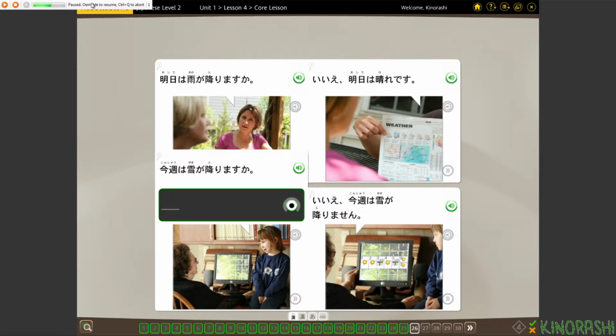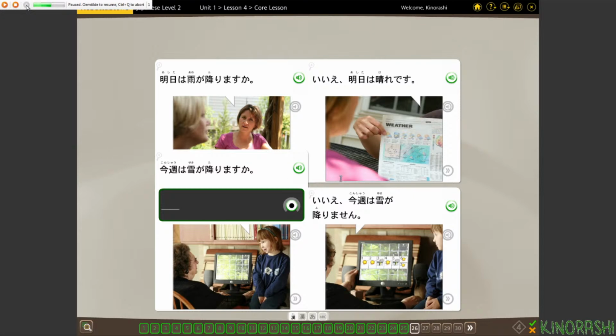今週 Japanese translation. I know the word for week we've seen so far is 1週間. Konshu is the Japanese word for this week.